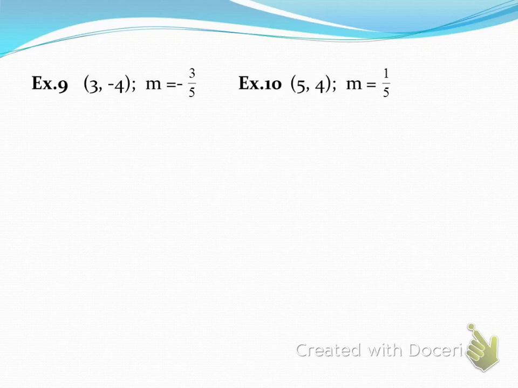Number 9 is not any different. We're going to follow all the same steps. The only issue is that the fraction causes us a little bit of a headache on this one. Same steps though. Houston, what would my point slope form be?